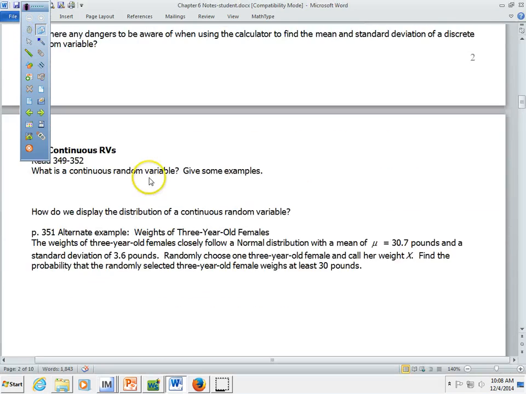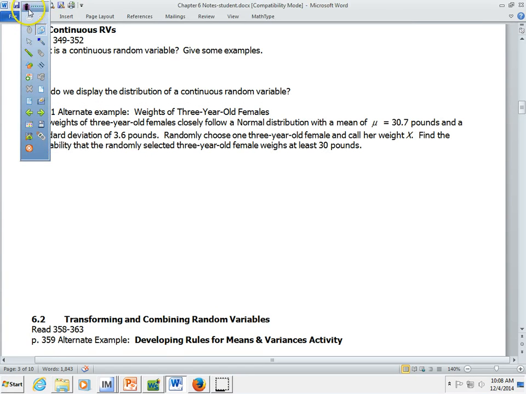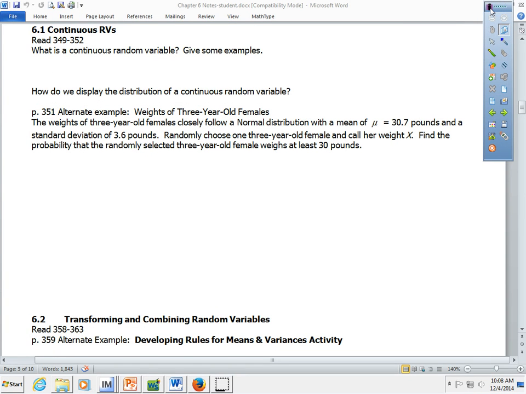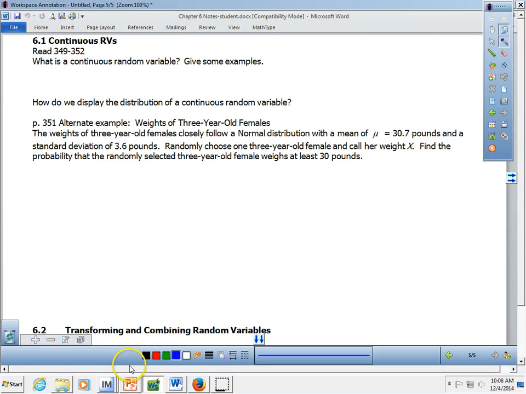So let's move on and start talking about continuous random variables. Well, a continuous random variable is a random variable still. Okay?